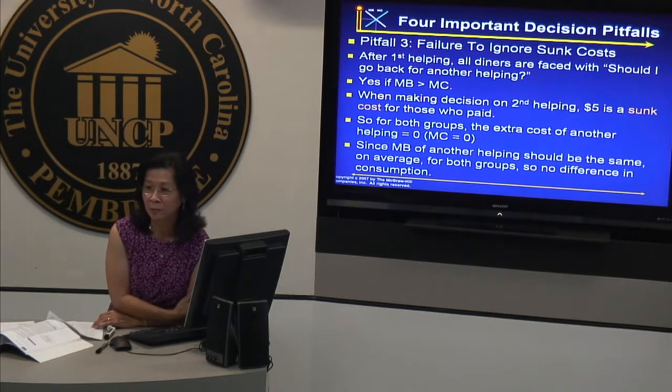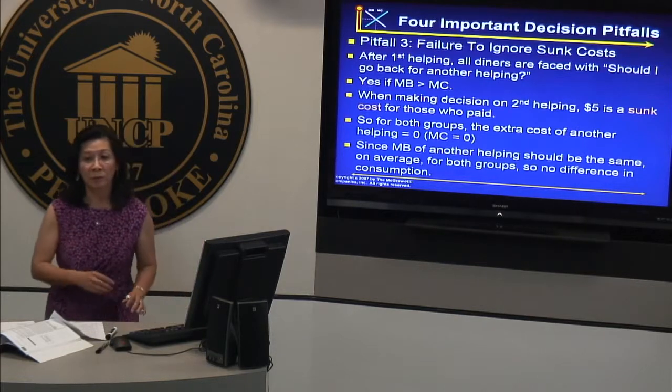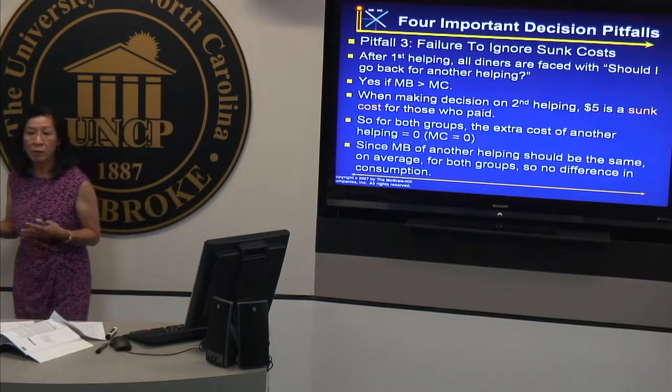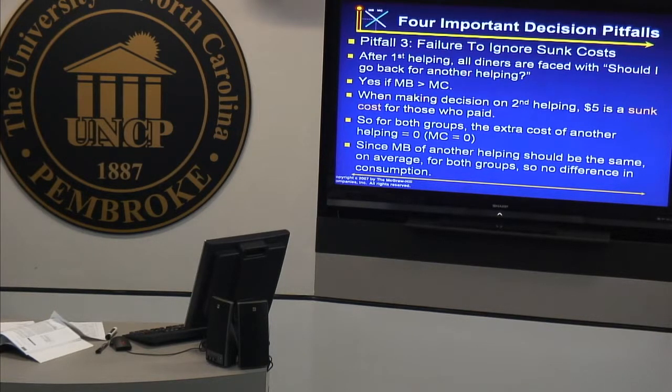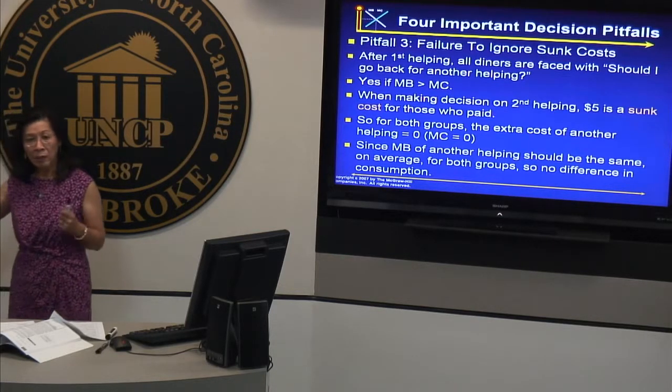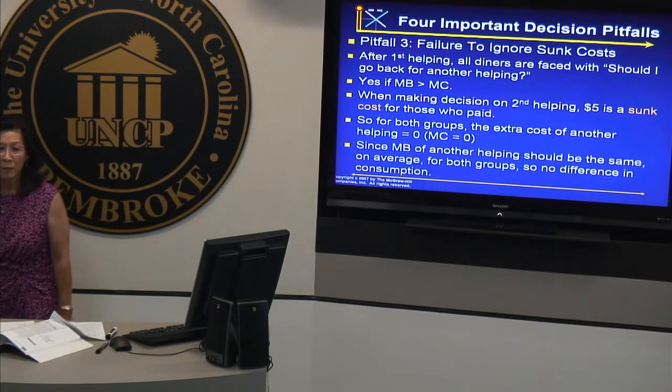Basically, we are using this concept of sunk cost to explain how people make decisions. In this case, we say there's no difference because of the sunk cost. It doesn't matter whether the $5 comes from your pocket or from the owner's pocket. Basically, the marginal cost of a second helping is the same because $5 is the sunk cost.